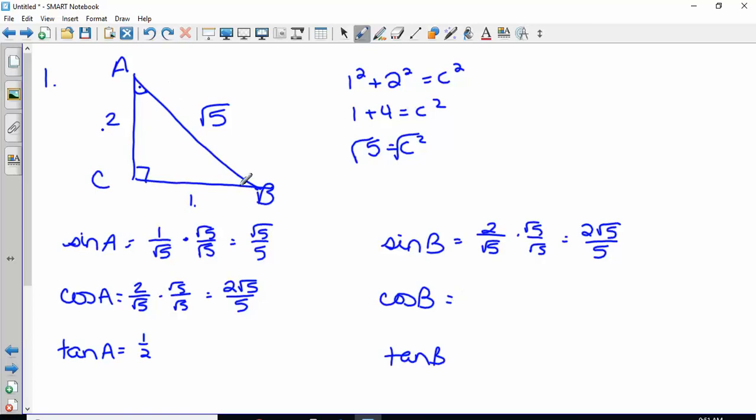Cosine of B, adjacent is 1, hypotenuse radical 5. So you get radical 5 over 5. Tangent of B, so from B, opposite is 2, adjacent is 1. So 2 over 1 is 2. Any questions about that?